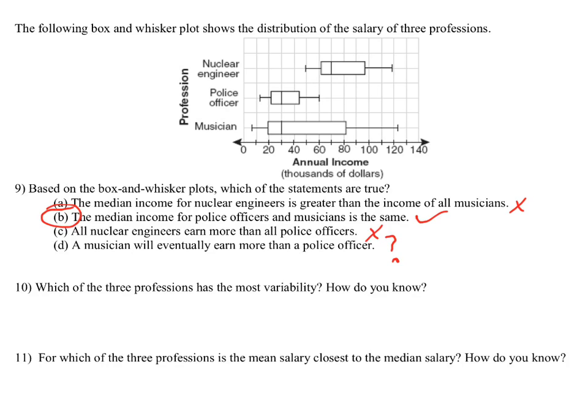That brings us to number 10. Which of the 3 professionals has the most variability, and how do you know? So variability is talking about how much the numbers vary. So like the more spread out, the more the numbers vary. So that'd be the musician. Okay.